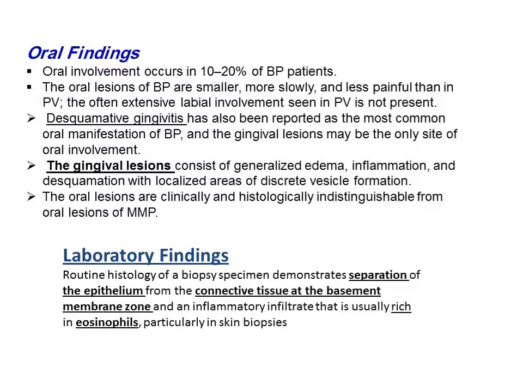The gingival lesion consists of generalized edema and inflammation, desquamation, and may be just a localized area of vesicle formation. Oral lesions are clinically and histologically indistinguishable from the oral lesions of mucous membrane pemphigoid.